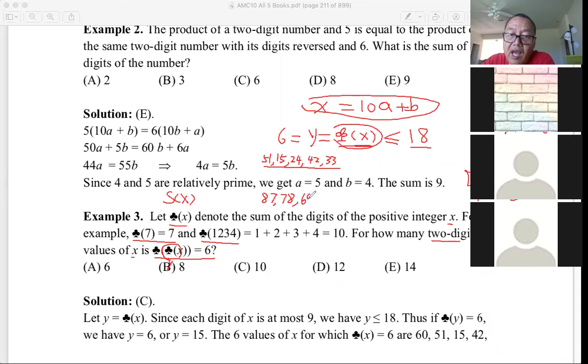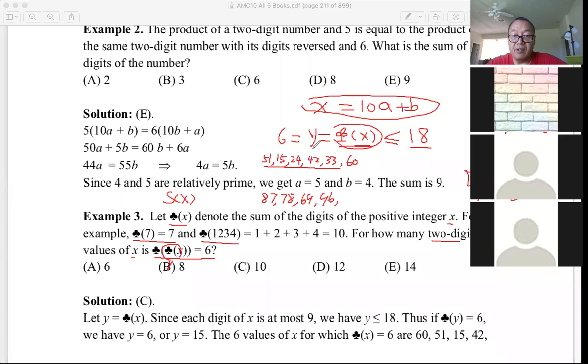Then 69 and 96. Now, what else? You know, 87, 78, 69, 96. Oh, we missed one number here, 60, right? The sum of 60 also equals 6.